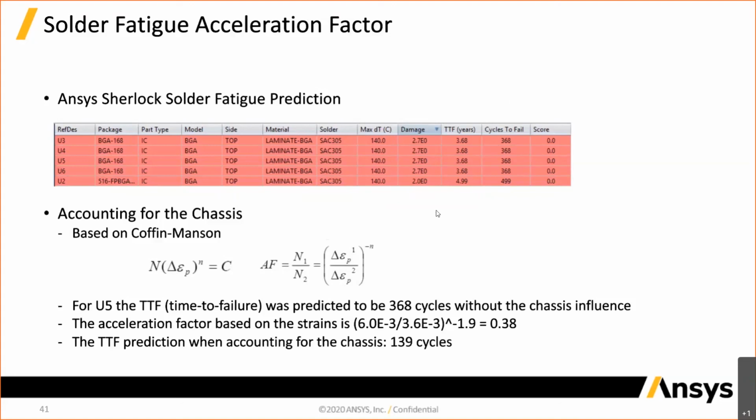This is a way we can estimate the influence of how you mount your PCB inside your chassis. You're not going to see this so much with a plastic housing because plastic has a lower modulus, but you can start seeing issues with your milled machined metal housings where you really lock that board against that piece of metal.